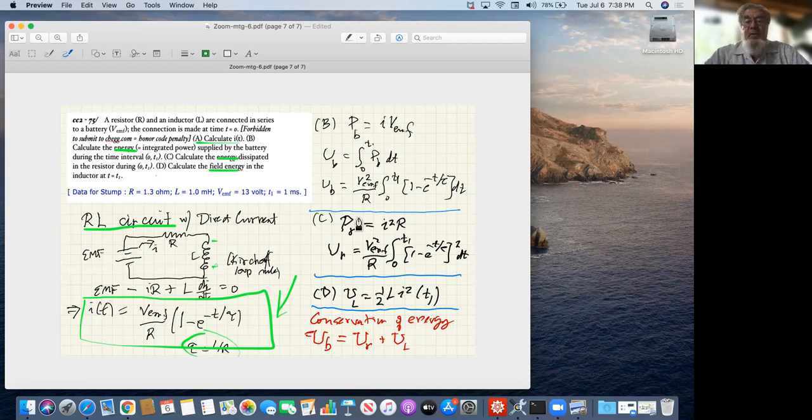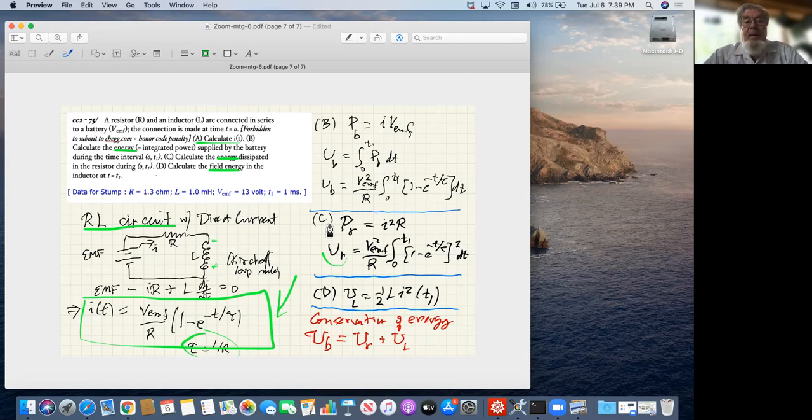Now, you know what I is. You want the integrated power, which is the energy. So that's the integral of I squared R, V squared over R, 1 minus e to the minus t over tau, squared, dt. That will give you the amount of energy that was dissipated in the resistor and transferred to the surroundings in the form of heat.